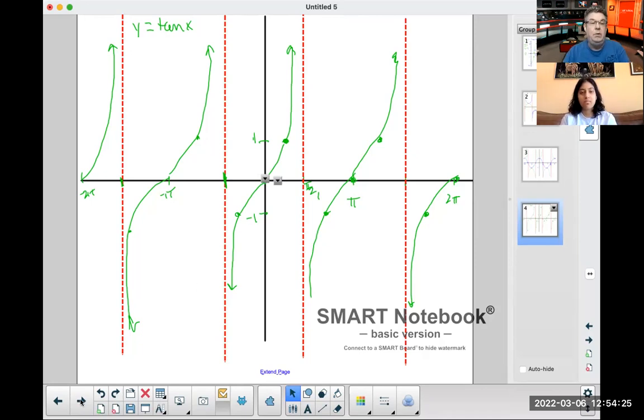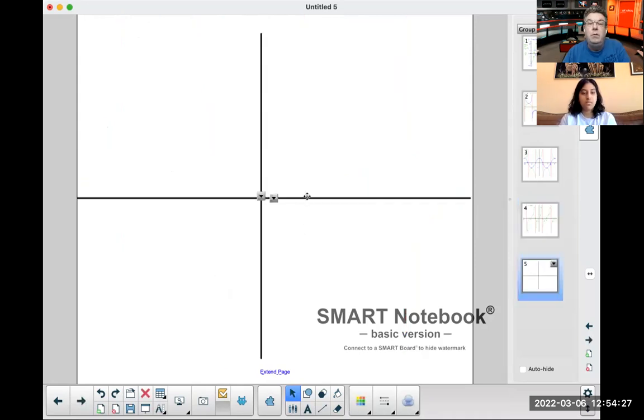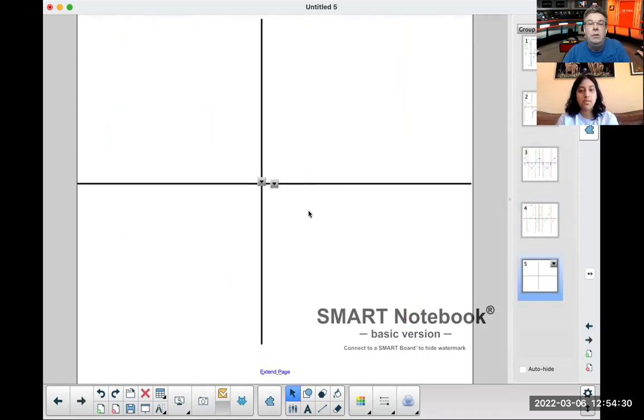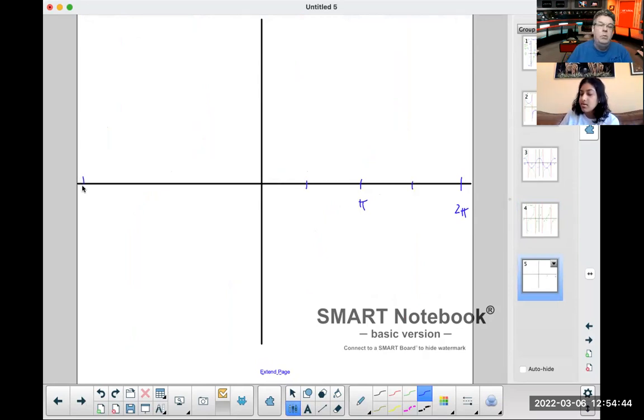Okay, so let's just make sure. You're going to be thinking about where it's undefined as I'm making these awful increments here. 2 pi, pi, negative 2 pi, negative pi, negative pi over 2, pi over 2, negative 3 pi over 2.